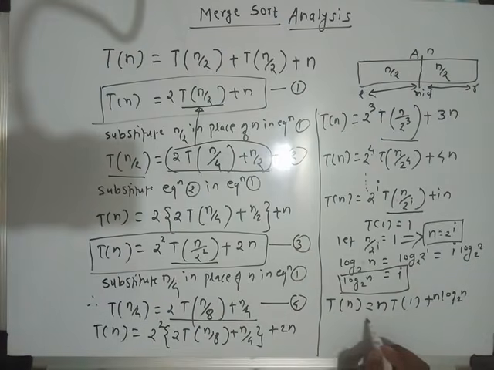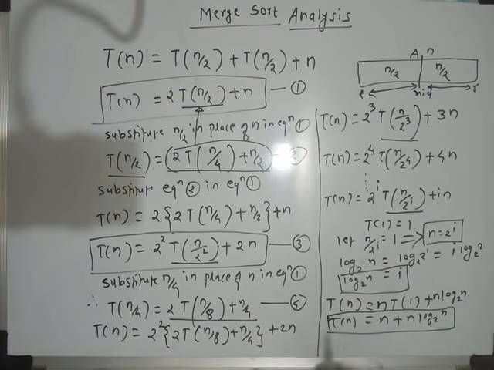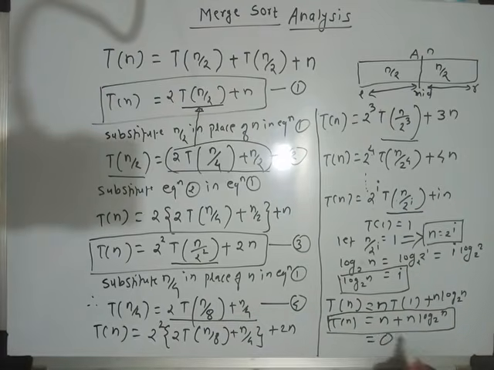Now this has become 1, so the answer will be n plus n log n to the base 2, and this is the solution to the recurrence of merge sort. In fact, this is the time complexity of merge sort, which is big O of n log n to the base 2.